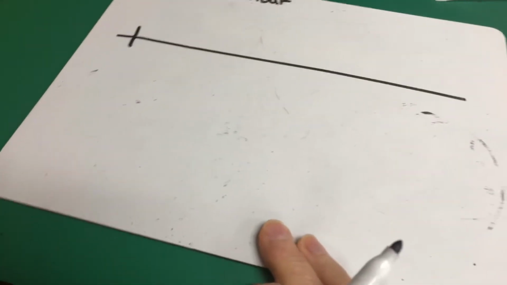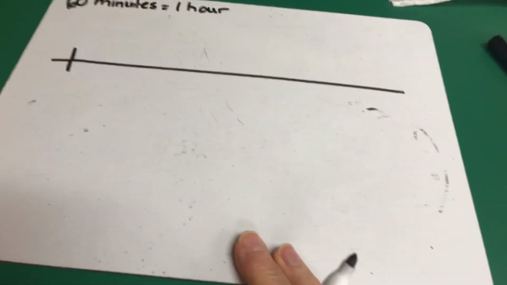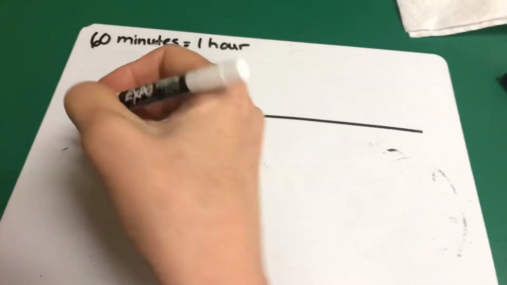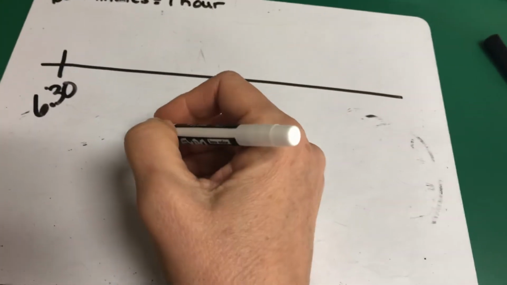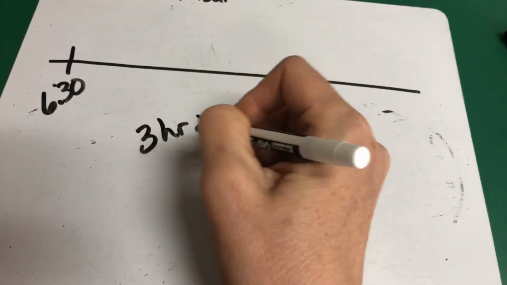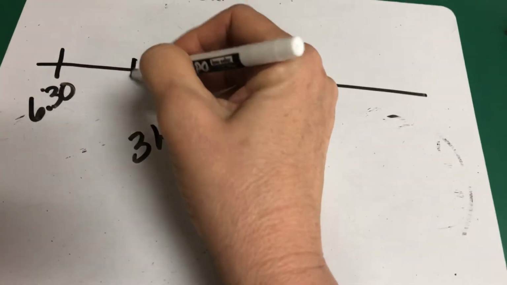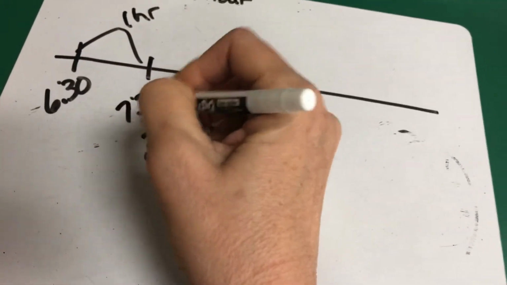So a lot of times, things will give you a starting time, and then it'll say, what time did it get done? Say, I went shopping at 6:30, and I shopped for, and I must have gone to the mall to have it gone this long, 3 hours and 20 minutes. Well, using my timeline, let's go an hour past that would be 7:30.